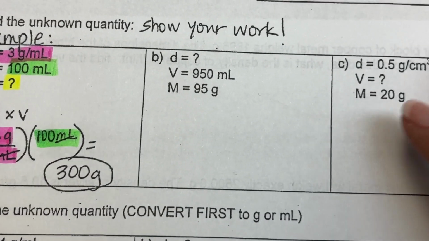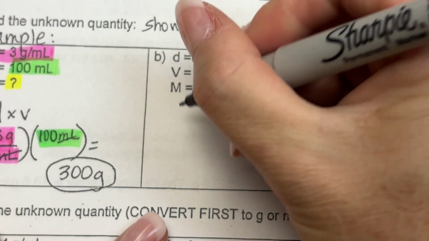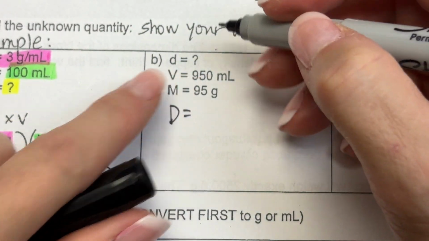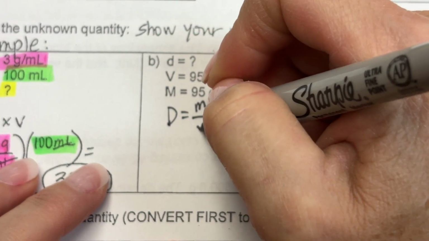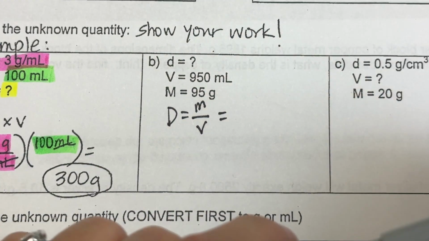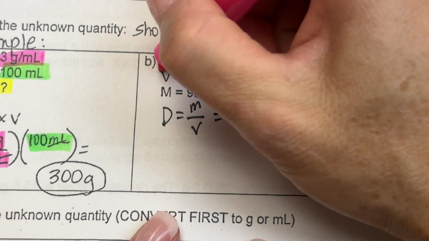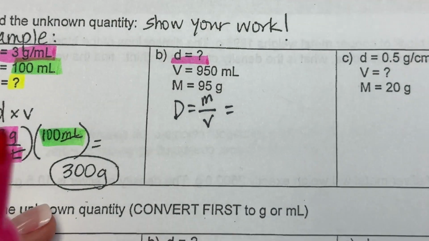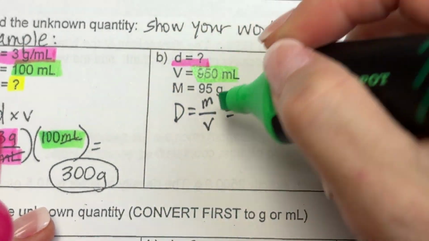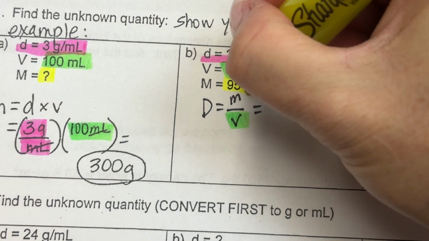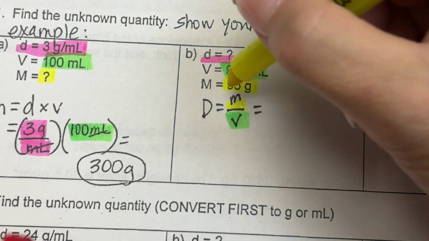For question number B, I have D equals, because density equals question mark, mass divided by volume, okay? And then I'm going to use the same colors, pink, green, and yellow for mass.